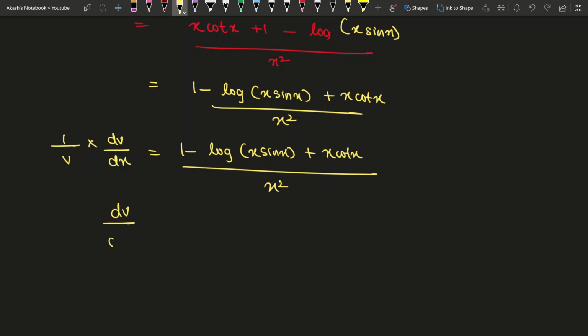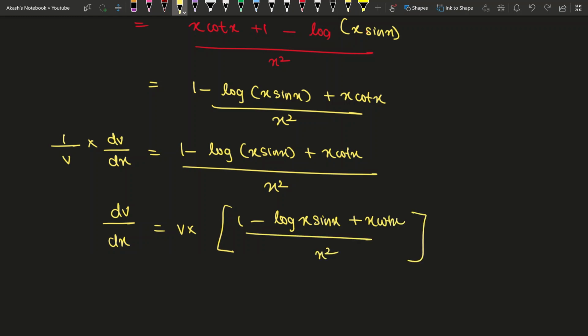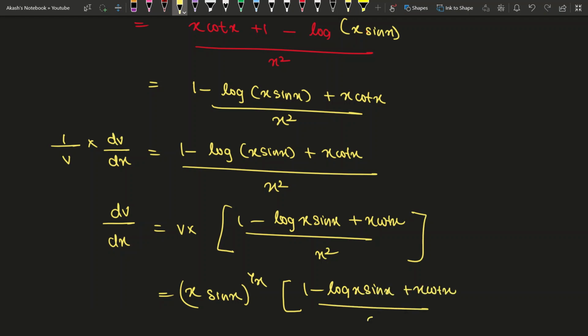Therefore, dv by dx is equal to v into (1 minus logarithm of x sin x plus x cot x) divided by x square. What is v? v is (x sin x) whole raised to 1 by x. That is equal to (x sin x) whole raised to 1 by x into (1 minus log x sin x plus x cot x) divided by x square.